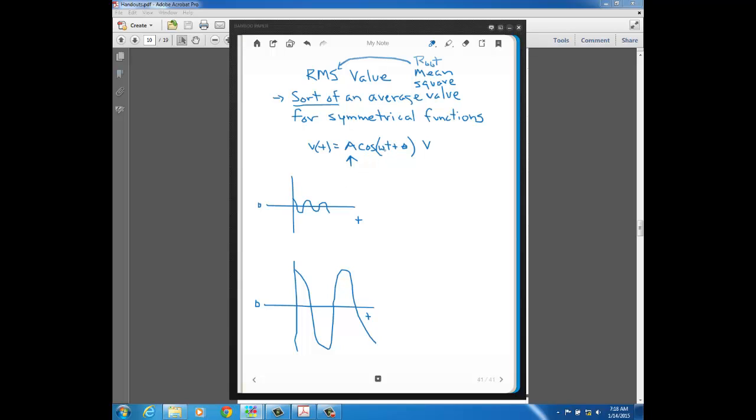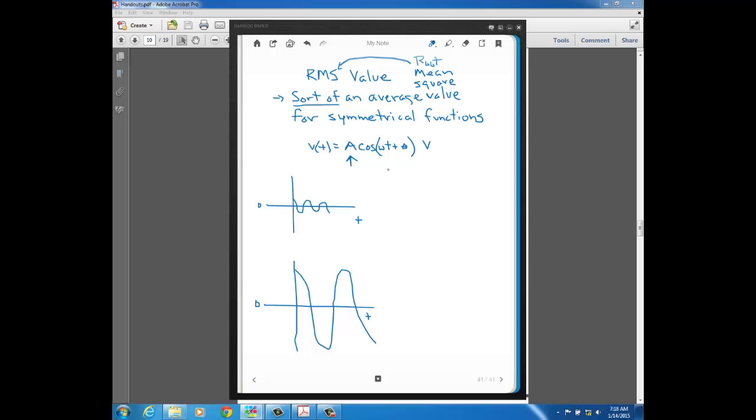So you just plug in your particular time value along with the amplitude, the frequency and the phase angle, and that will yield an instantaneous value along that waveform at that particular t. And that's fine. But sometimes it's useful to have a value over an interval of time.